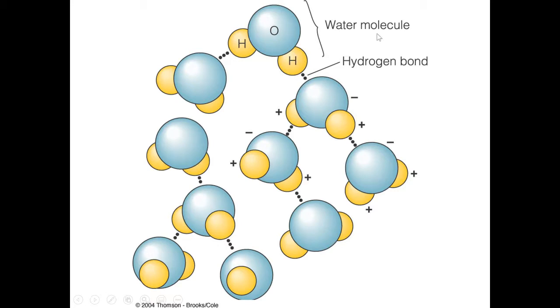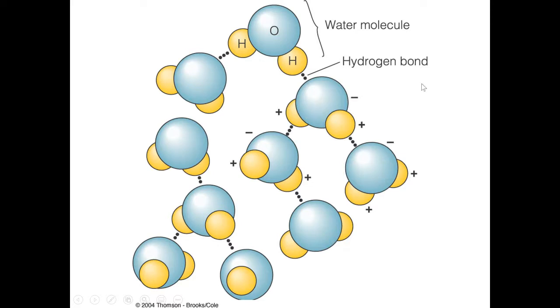So what that means is that this water molecule, between hydrogen and oxygen, covalently bonded, is polar. Polar means it has an uneven distribution of electrical charge. You'll see the electrical charges shown here. So you have a negative electrical charge on the oxygen and positives on the hydrogen.